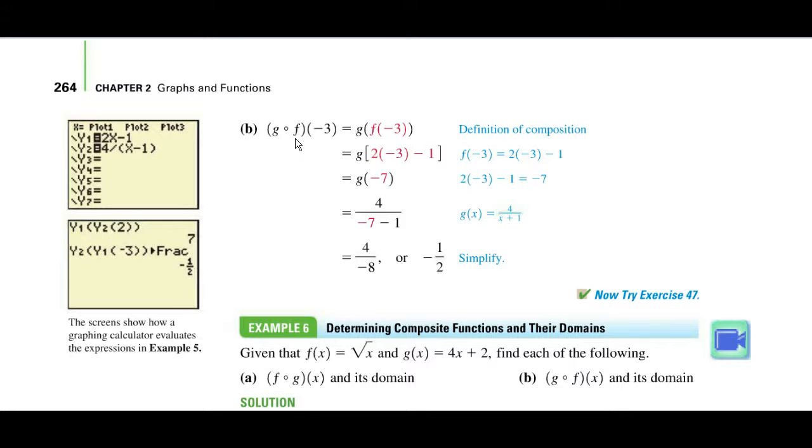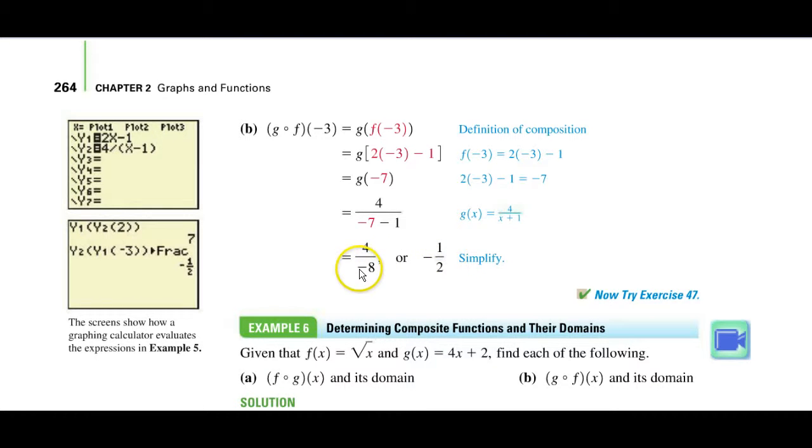So what you are doing here is first putting this -3 into your f function. Once you do that, you then take that value, put that into your g function, and it ends up as 4 over -8, or a -1/2.